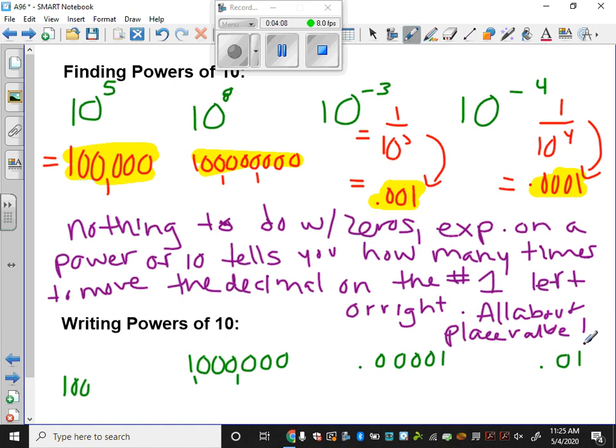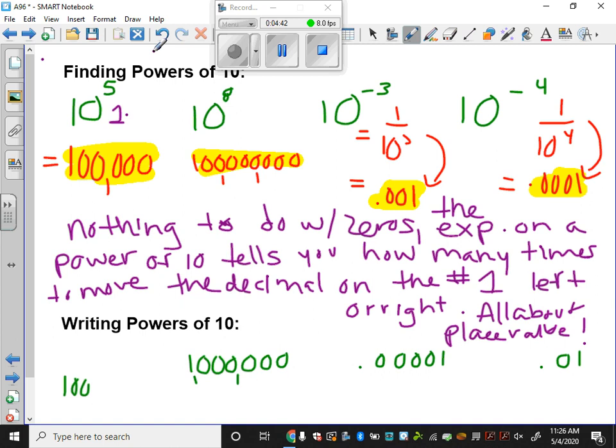But so the rule for finding powers of 10 has nothing to do with the zeros. Okay? The exponent on a power of 10 tells you how many times to move the decimal on the number 1 left or right. So for example, if I go back to this first problem, if I were to start with the number 1, hopefully all of you know that the decimal is to the right of that number, right?